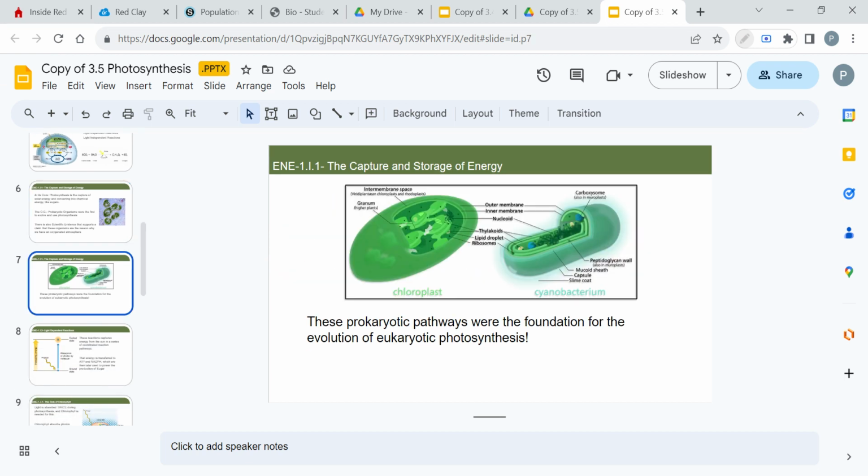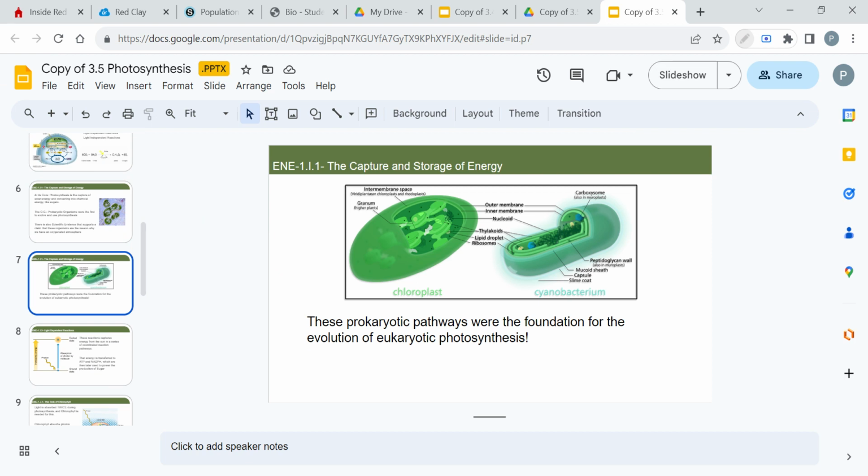All right, so going back to the question at hand, talking about photosynthesis and the origins of it, prokaryotes, and specifically cyanobacteria, have the components to make a very basic chloroplast.